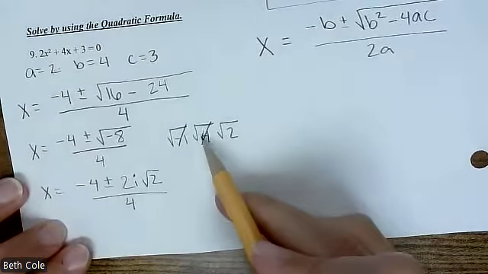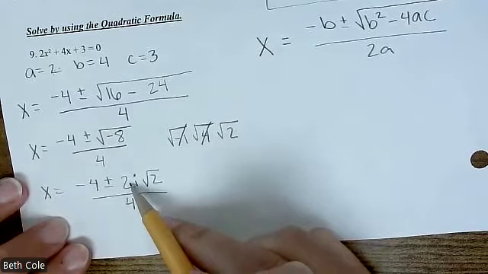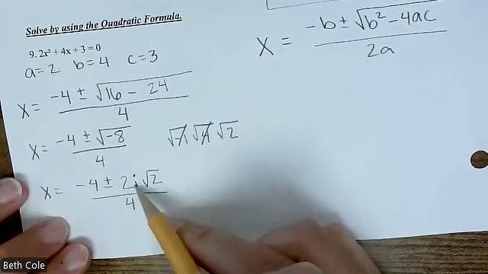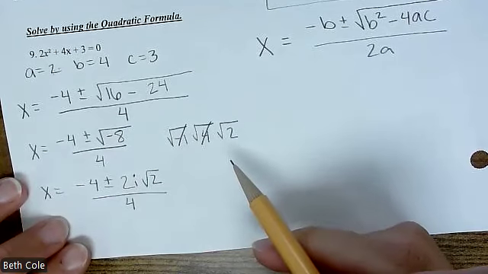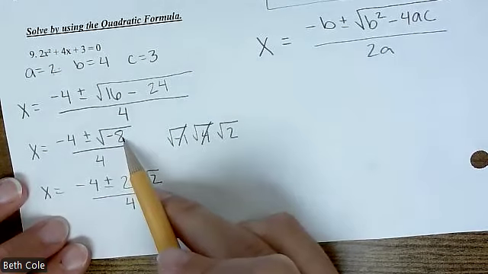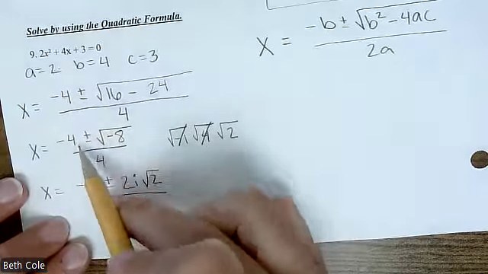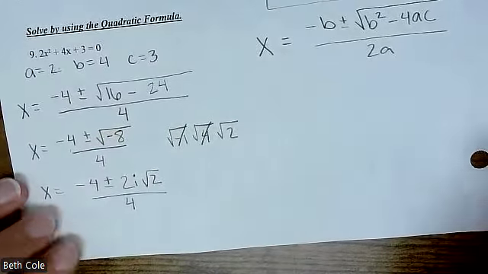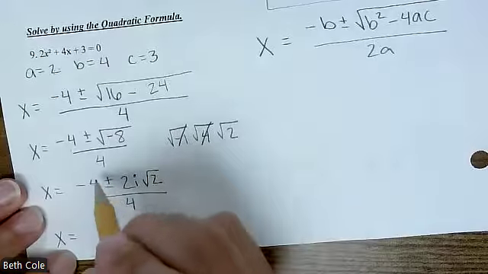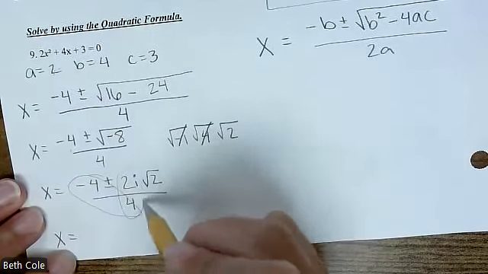Hold on, I lost you. Square root of 4 is 2. Square root of -1 is I. Oh, wait, the -4 stayed the same on that. Oh yeah, I just kind of brought that down. That just stayed the same. All right, and then the last step is you divide these both by 4.